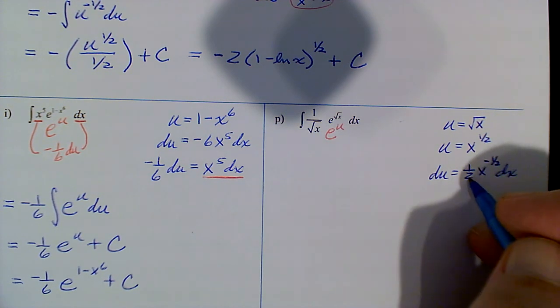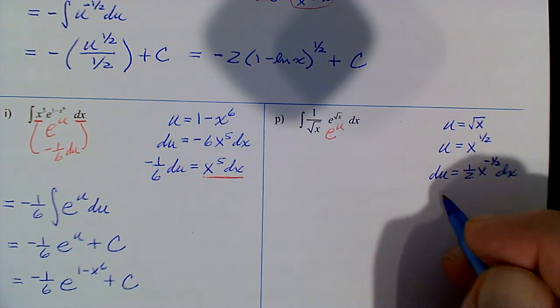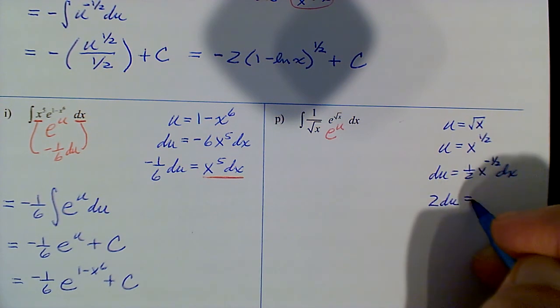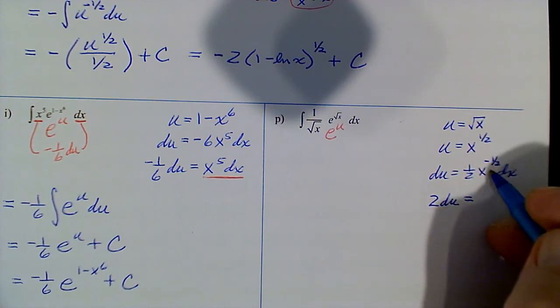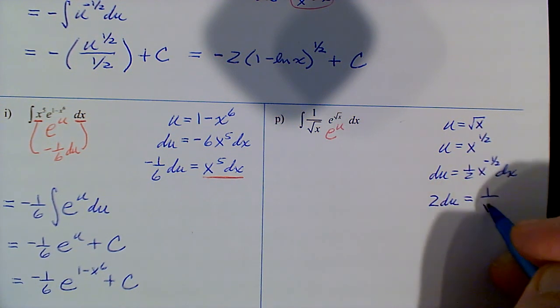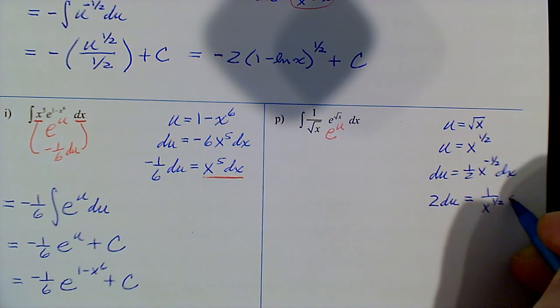Divide out the 1/2 more efficiently. Think of multiplying by its reciprocal 2, and we get that 2 du is, at the same time, let's get rid of the negative exponent on x to the negative 1/2. Write it as 1 over x to the positive 1/2.